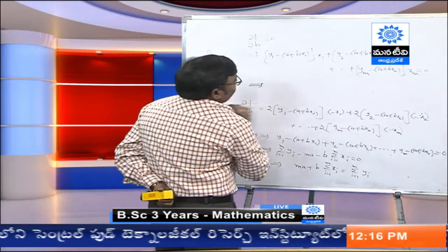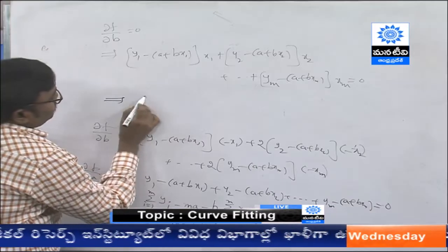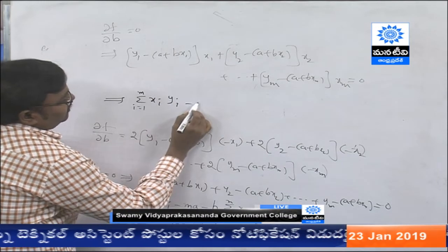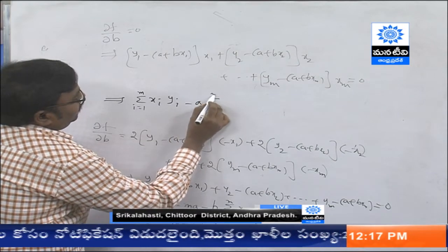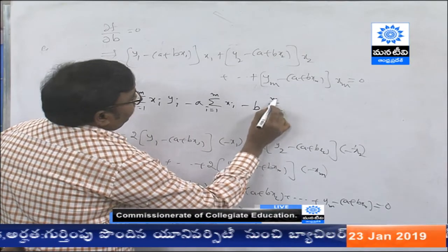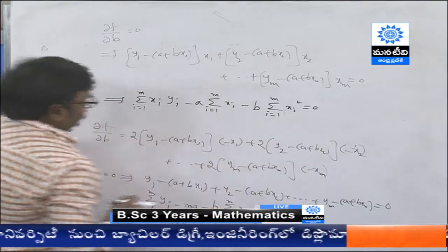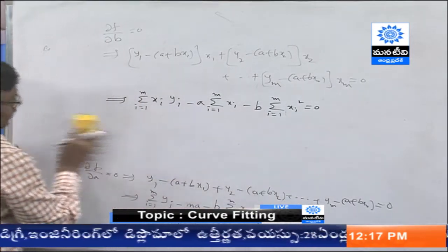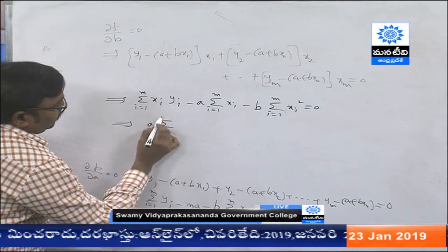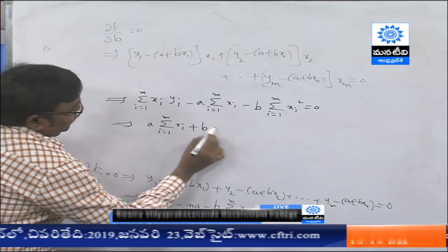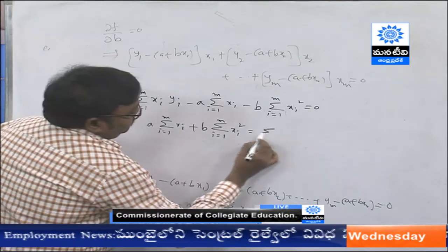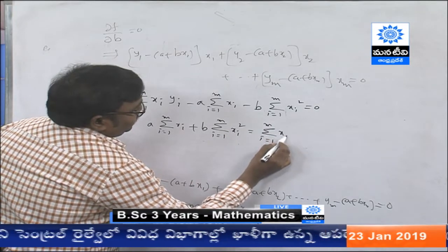This can be written as summation xi yi, i equal to 1 to m, minus a times summation xi, minus b times summation xi square, equal to 0. So, it implies a into summation xi, i equal to 1 to m, plus b into summation xi square equals summation xi yi.